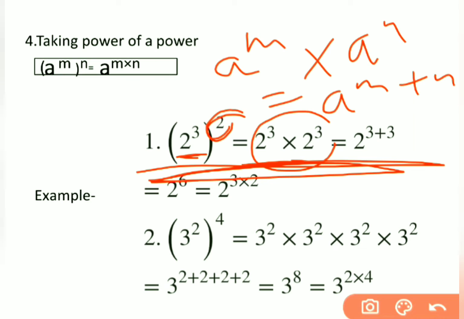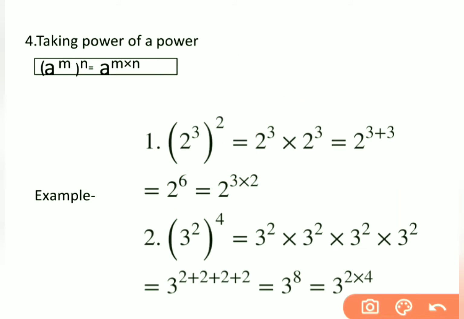When the base is the same, powers should be added, so we get 2 raised to the power 3 plus 3, meaning 2 raised to the power 6. We see that 6 is the multiplication of 3 and 2, and so the law is verified.